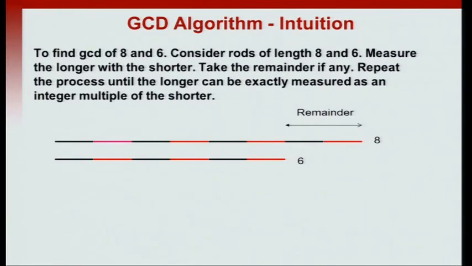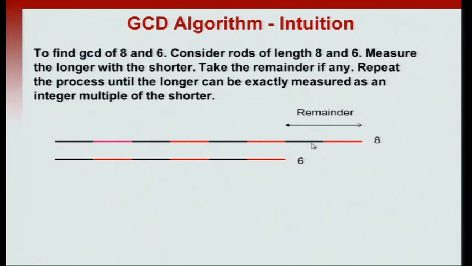So first what we will do is measure the longer rod using the shorter rod. Now it may not measure the longer rod exactly. For example, in this case, 6 does not measure 8 exactly. There will be a small piece of length 2 left over.